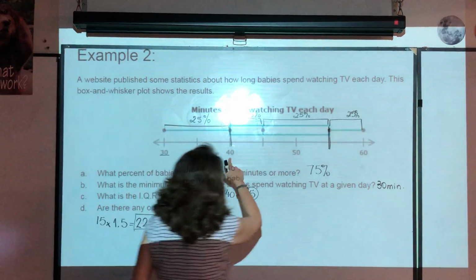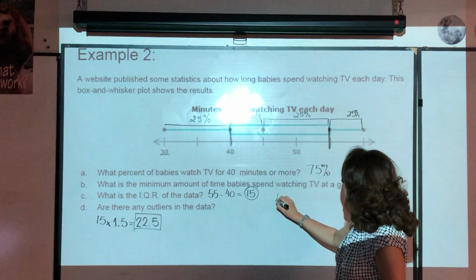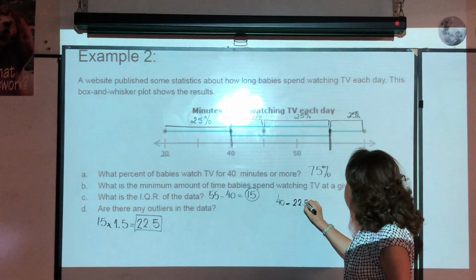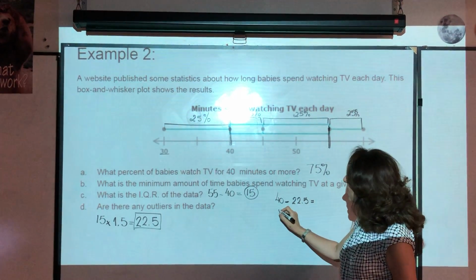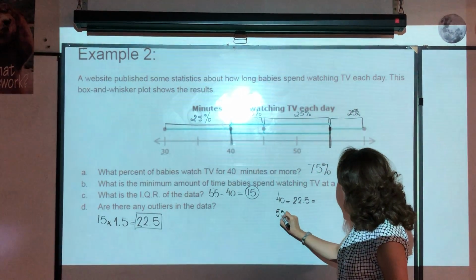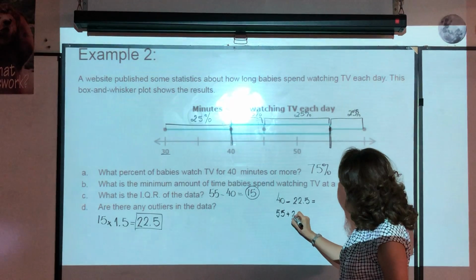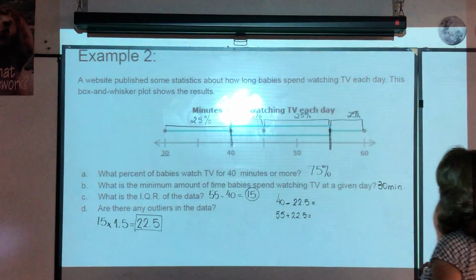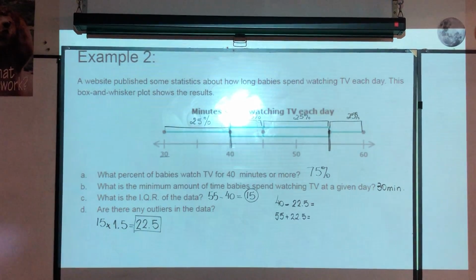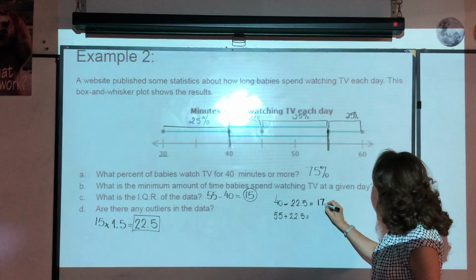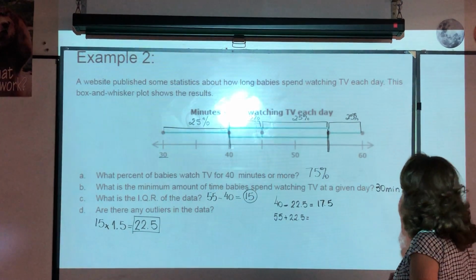So my lower quartile is this one here. So 40 minus 22.5. And the other one that I have to do is my upper quartile, 55 plus 22.5. So when I solve that, I have that 40 minus 22.5 is 17.5.